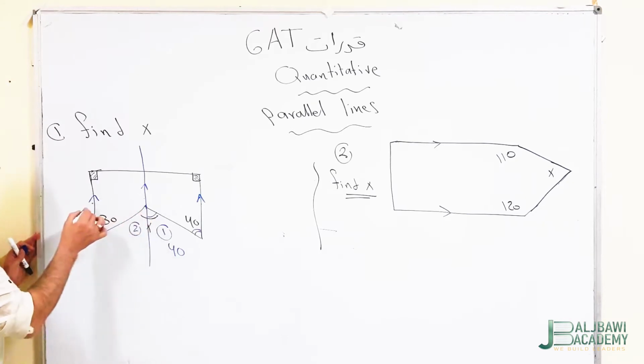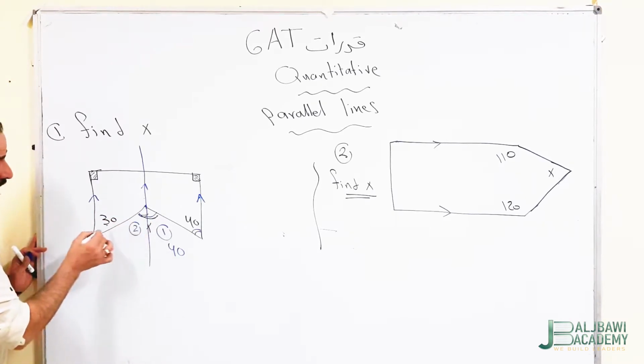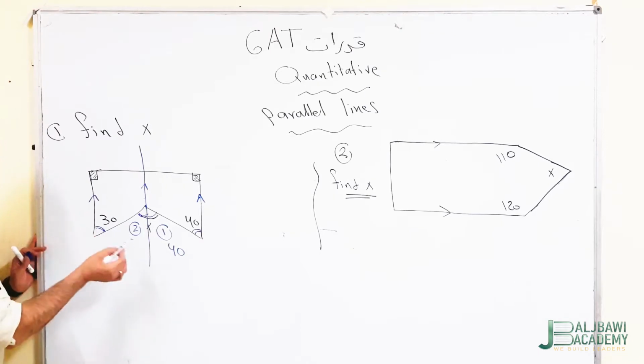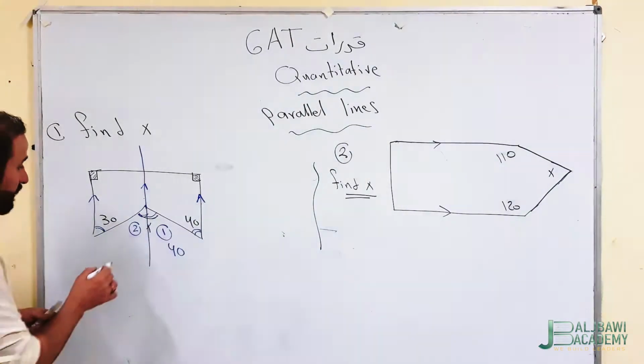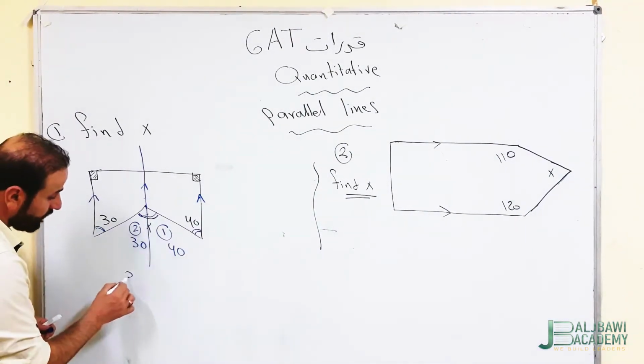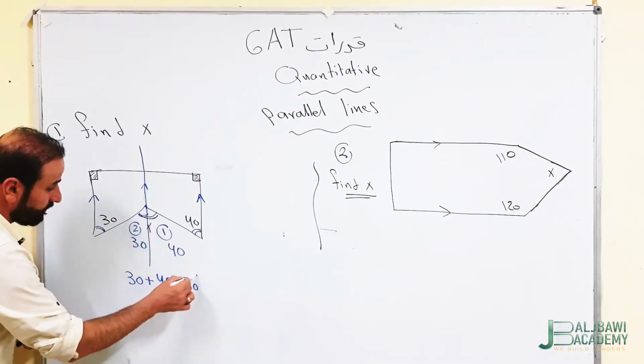Because this line and this line are parallel, and this angle, which we call 2, and 30 are congruent or equal because of interior alternate. So x will be 30 plus 40 equals 70.